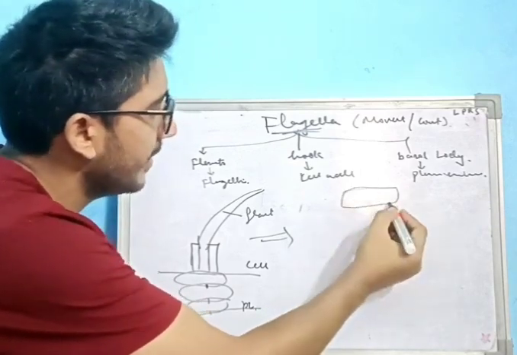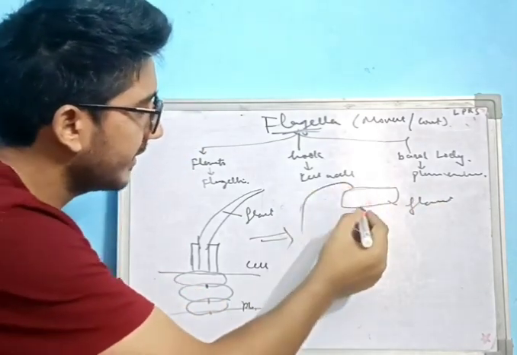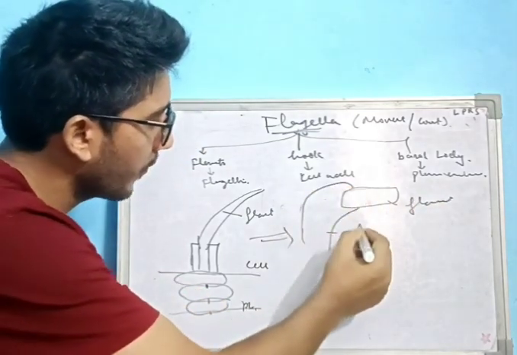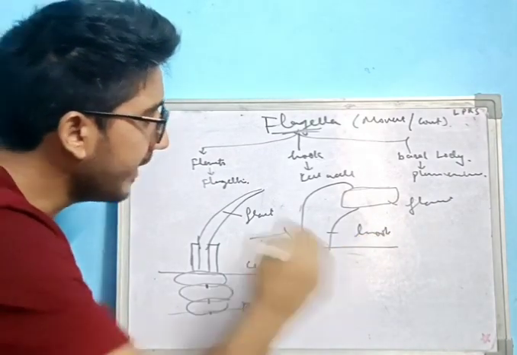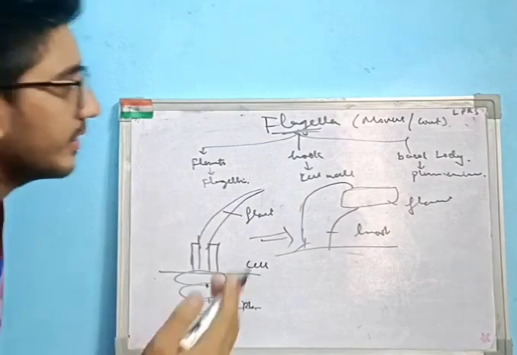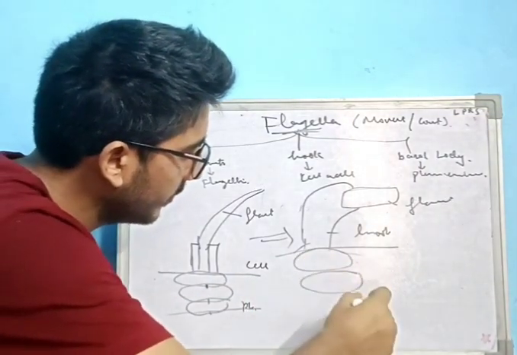This is the filament, and after that this is the hook, which is attached on the cell wall, and the ring structure, which is part of the basal body, is actually in ring form.